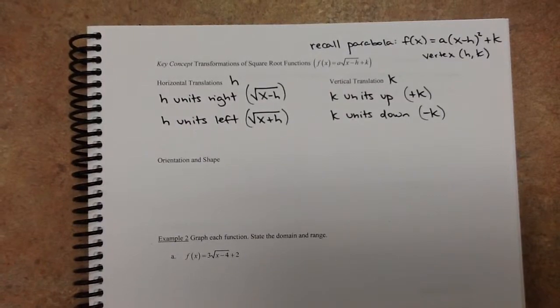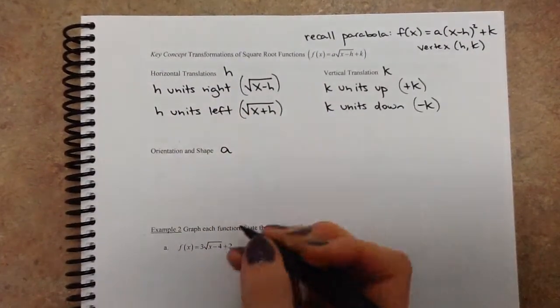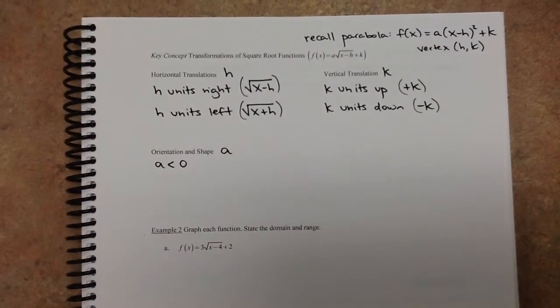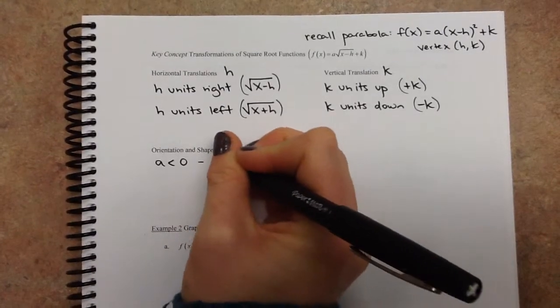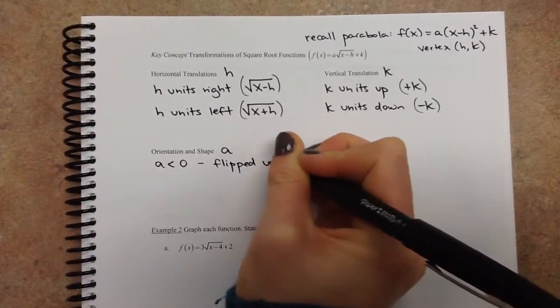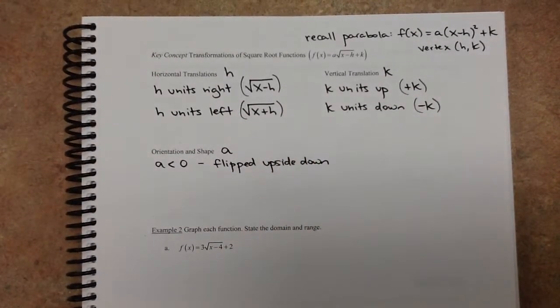Okay, and then orientation and shape, that all comes from the a. Remember, the a tells you two different things. So if a is less than 0, the graph gets flipped upside down. If a is positive, it stays right side up, so I'm not even going to write that down.